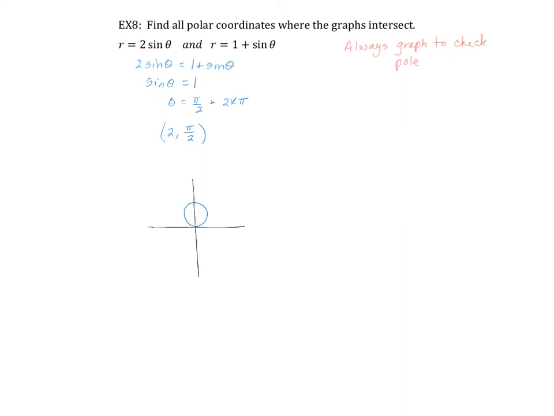And then in my calculator, when I put 1 plus sine theta, what I get is a cardioid. Oh my god, this is horrible. That's terrible. Terrible, terrible, sorry. I'm so bad when it comes to drawing pictures.